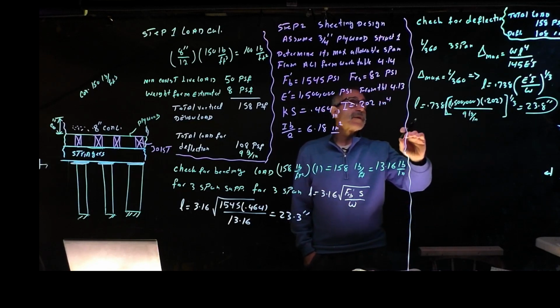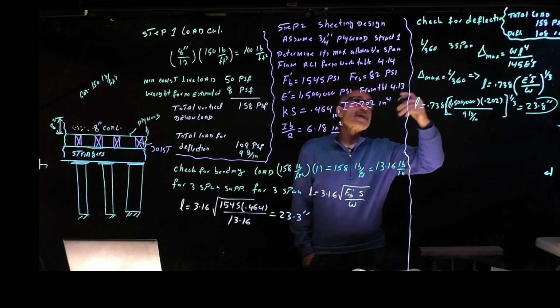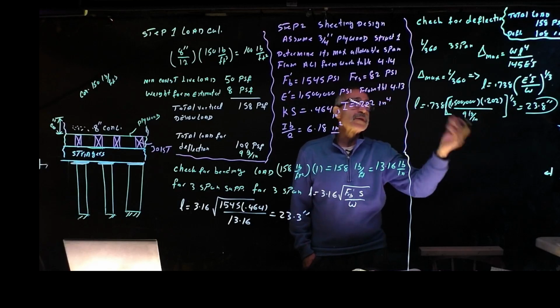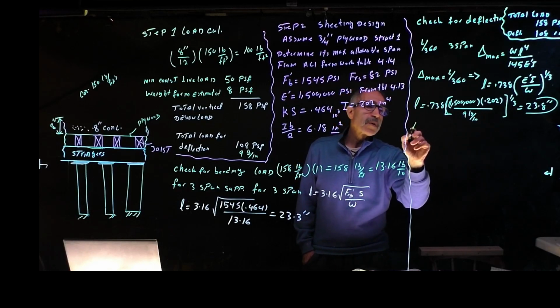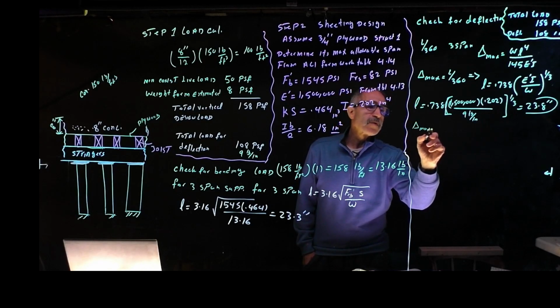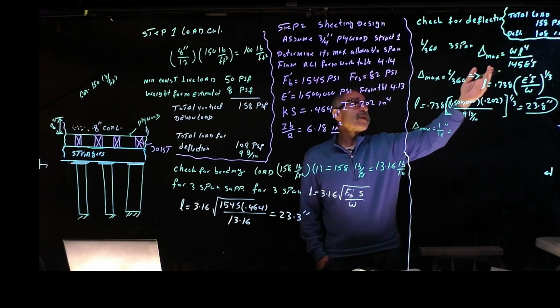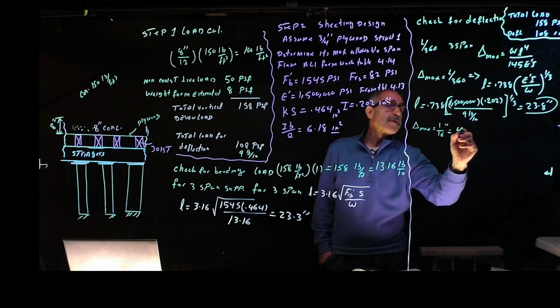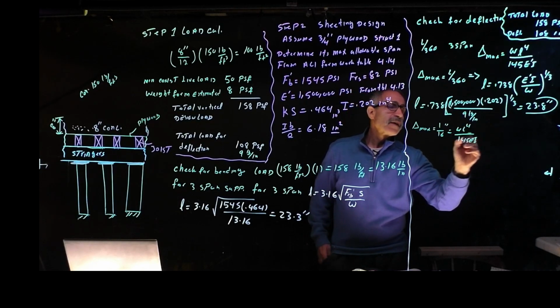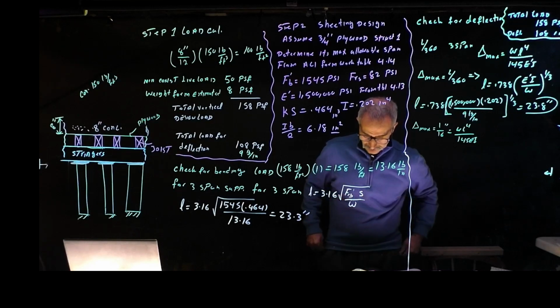Now we're going to go ahead, because the code says either go L over 360 or go 1/16. So we could do the same thing. What if delta max equals 1/16 of an inch? We set that equal to the same equation over there, w L to the power 4 divided by 145 E I. Let me change color here.